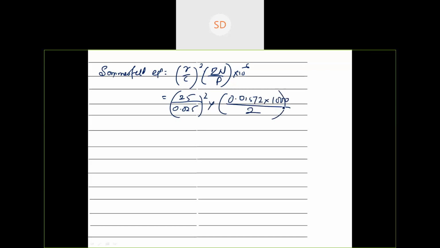We calculated pressure as 2 megapascal, then we calculate S here. I think this is 1000 square, 10 to the power of minus 6 and 1000 square, I think you're going to get a cancel. Now 0.01572 into 1000 divided by 2, okay, 7.86. It is the Sommerfeld number.